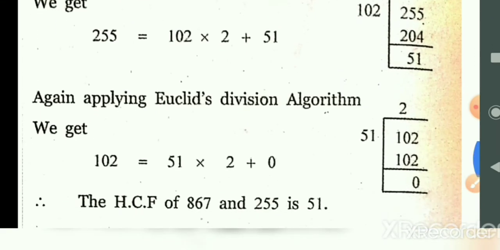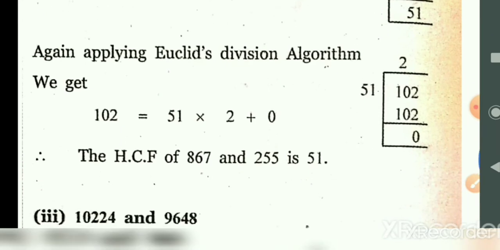So 102 equals 51 into 2, 102 minus 102 is 0. Now only we get the remainder 0, so we stop applying the algorithm. Here the divisor is 51. So the HCF of 867 and 255 is 51.